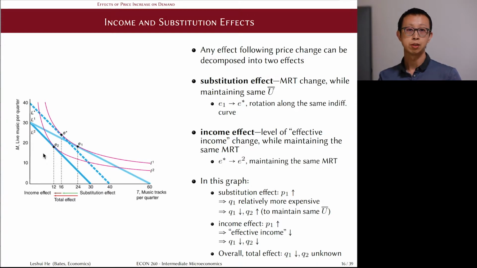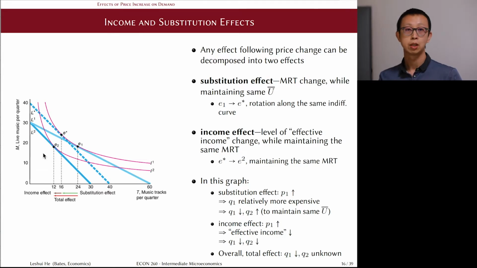Using this decomposition, we can think about the effect of the increase in P1 in the following way. From the substitution effect, as P1 increases, good 1 becomes relatively more expensive, so the consumer substitutes good 1 with good 2, if they were able to maintain the same utility level, that is.